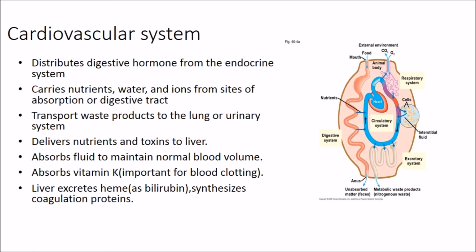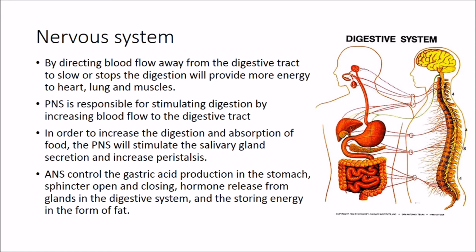The circulatory system acts to move these necessary nutrients around the body as well as transport unwanted material. All the functions of the cardiovascular system in the digestive system are listed as follows. In order to provide more energy to the heart, lungs, and muscle, the nervous system will inhibit or slow down digestion by directing blood flow away from the digestive tract.